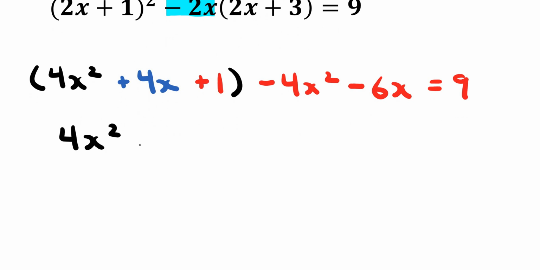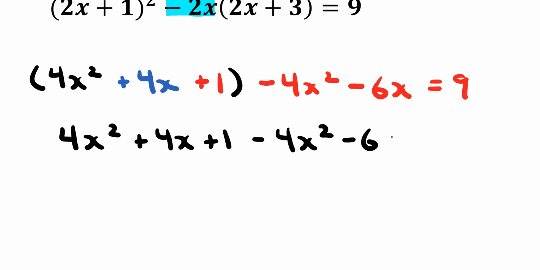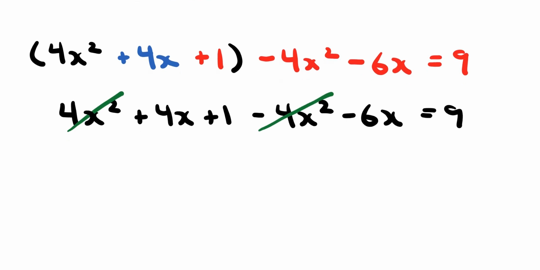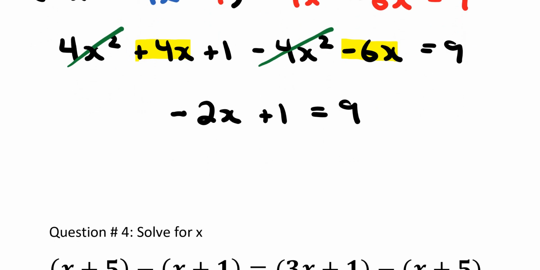So 4x squared plus 4x plus 1 minus the 4x squared minus the 6x equals 9. I can see that this 4x squared and that negative 4x squared cancel off. I have a 4x and a negative 6x, so 4 minus 6 gives me negative 2x plus the 1 equals 9.